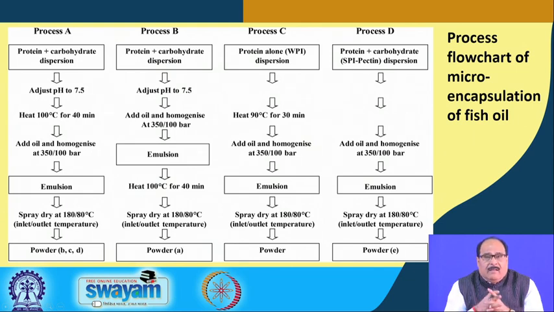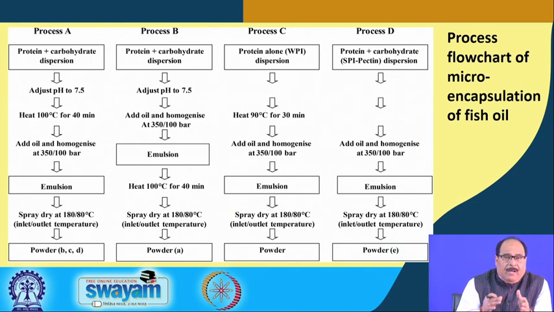And in this slide, again, different methods of microencapsulation of fish oil, that is the process flow chart, is presented. This is taken from the literature, where the raw materials used are protein and carbohydrate dispersions, or only protein alone, that is whey protein isolate, or protein plus carbohydrate like soya protein isolate and pectin dispersion.